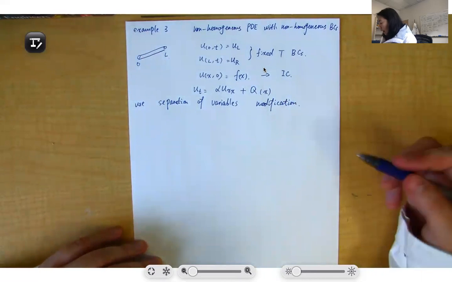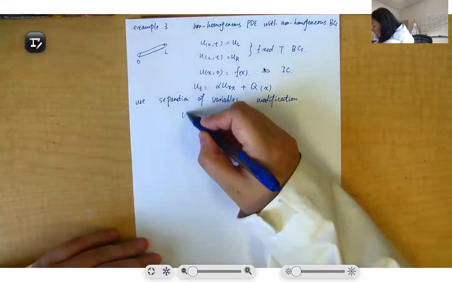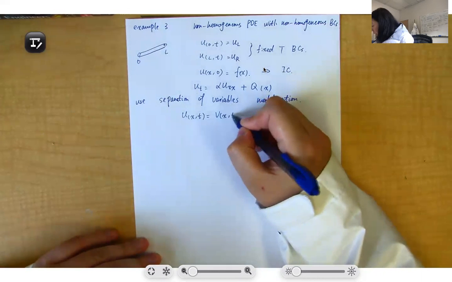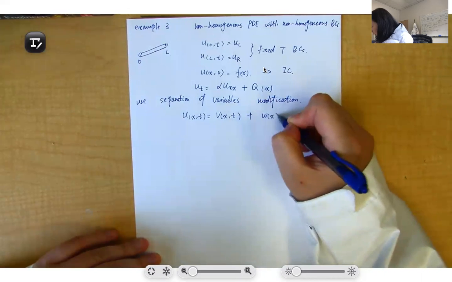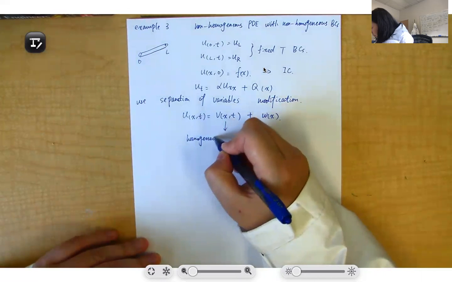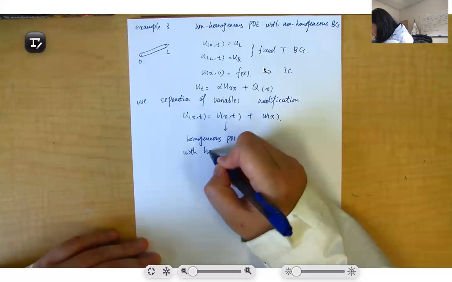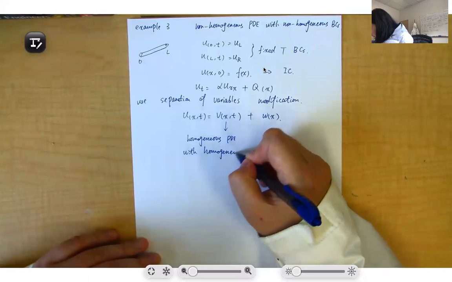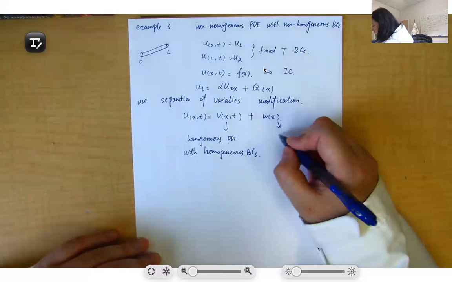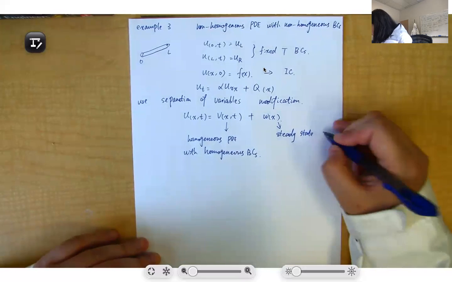Similarly to what we had before, u(x,t) can be equal to v(x,t) plus w(x), where v(x,t) is a homogeneous PDE with homogeneous boundary conditions, and this w(x) is simply a steady state heat distribution.